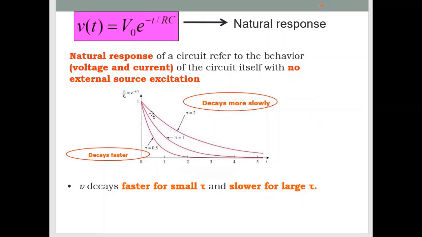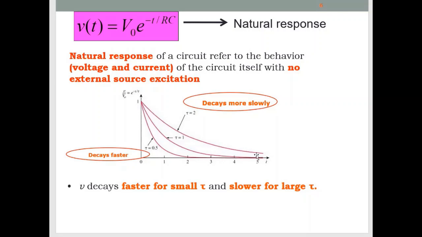The natural response is depicted in this graph. At t equal to 0, the voltage here is fully stored in the capacitor, the full value of voltage, which we can represent as 1, or 100 percent. And then the lowest value will be 0 here, and as t increases, the voltage will drop.